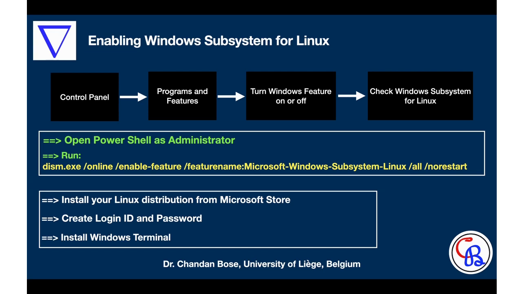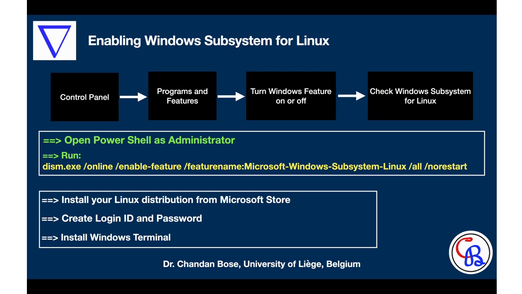So to recapitulate, we have installed a Linux distribution from the Microsoft Store. Then we have created our login ID and password, which is quite straightforward, so I am not showing you how to do that. And then there is an optional step which you can do.